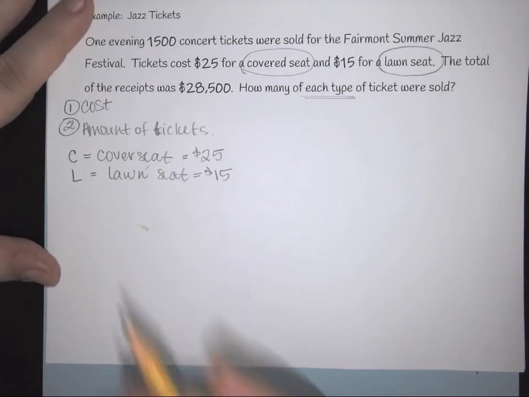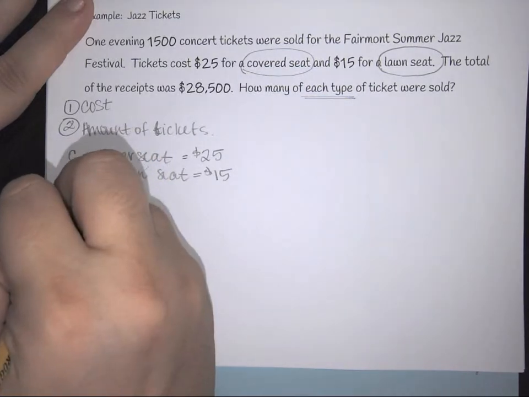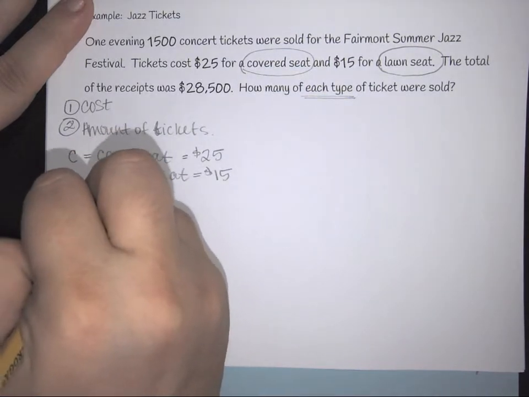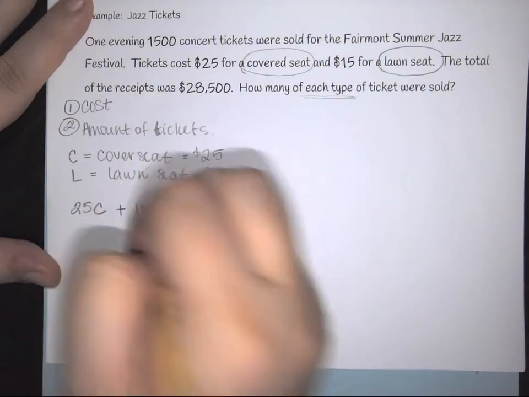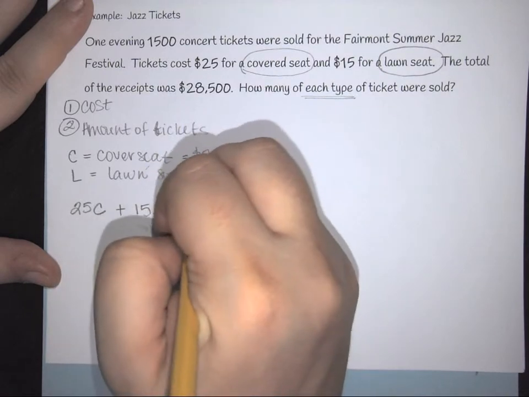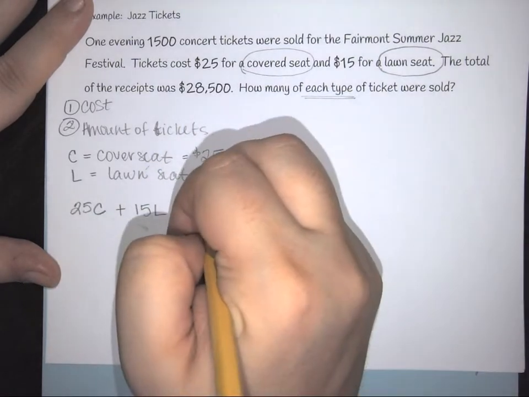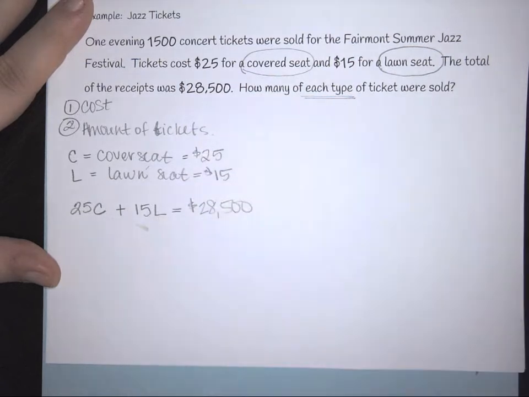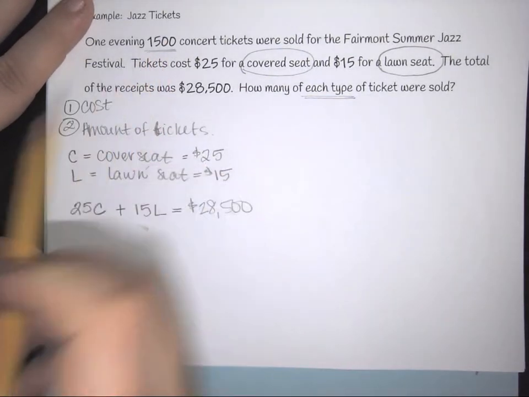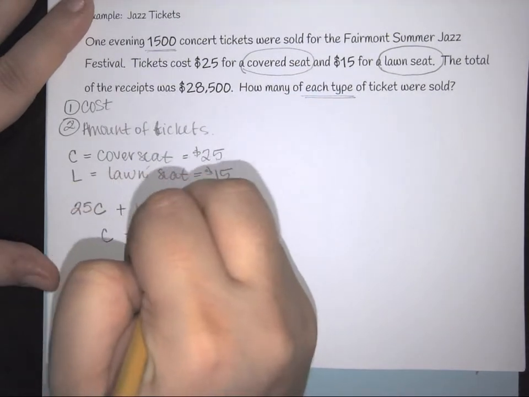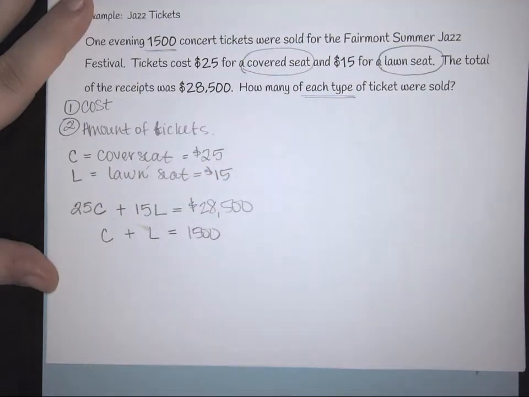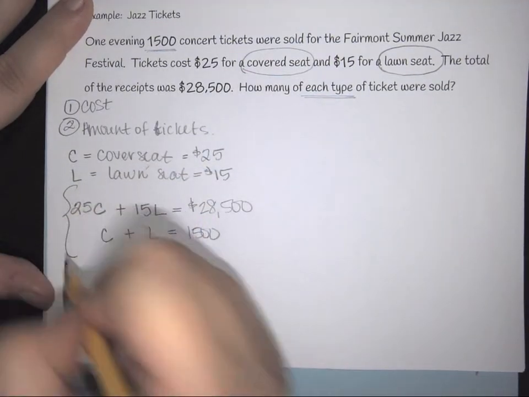So first and foremost, I know that $25 per covered seat plus $15 per lawn seat has to equal the total amount sold, which was $28,500. Now the other equation has to come from the amount of tickets, and we know that there were 1,500 tickets sold. So I have that my covered seats plus my lawn seats has to give me the 1,500 tickets sold. So if you look, there's your system.